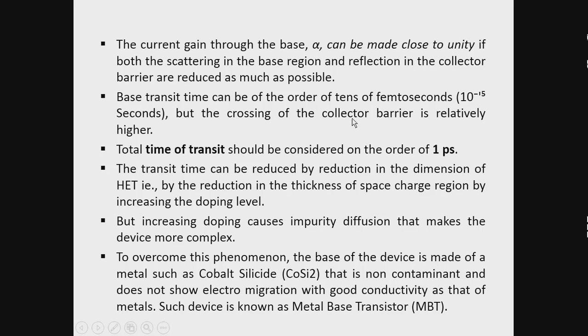But the crossing of the collector barrier usually takes much more time than that of the base because the collector barrier is thicker. That we have seen, about 3000 angstrom units.